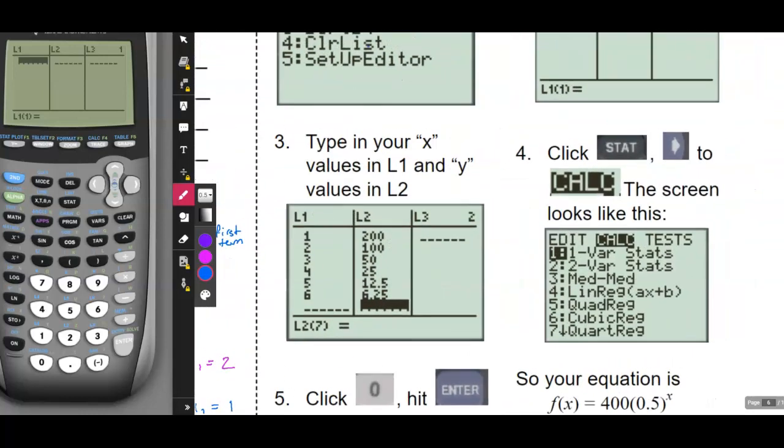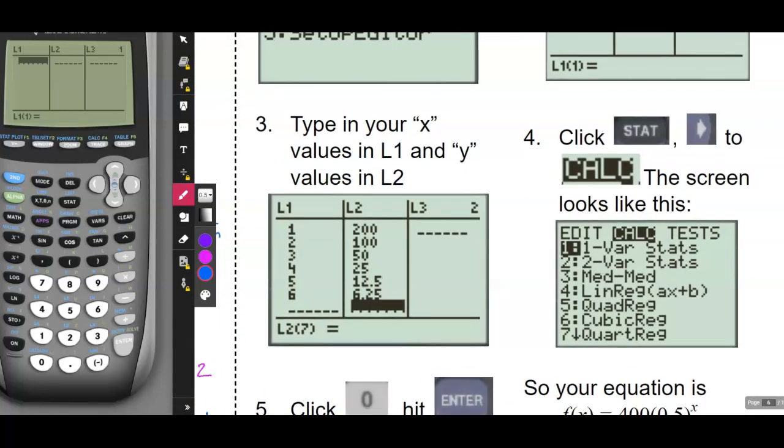So we're going to do this exact example like you see on the screen. In L1, we're typing in our X values, which are 1. You type in 1 and then hit either Enter or the down arrow key. 2, Enter. 3, Enter. 4, Enter. 5, Enter. 6, Enter.